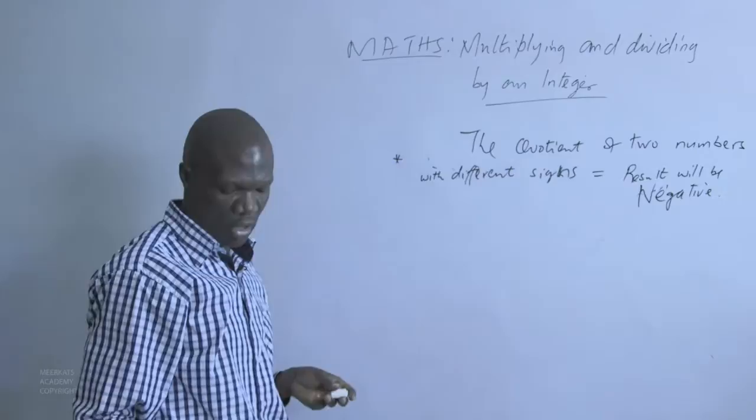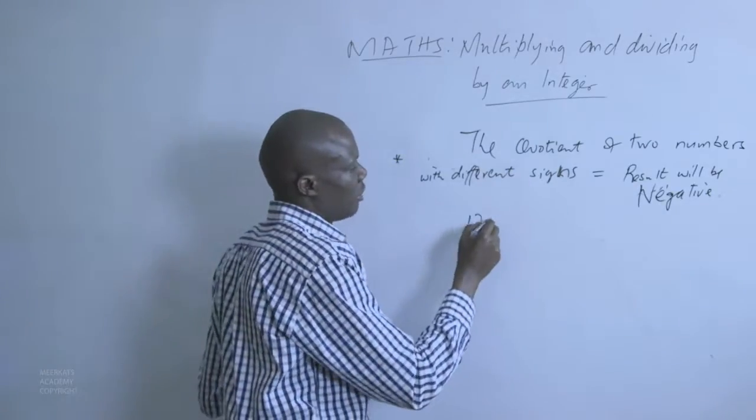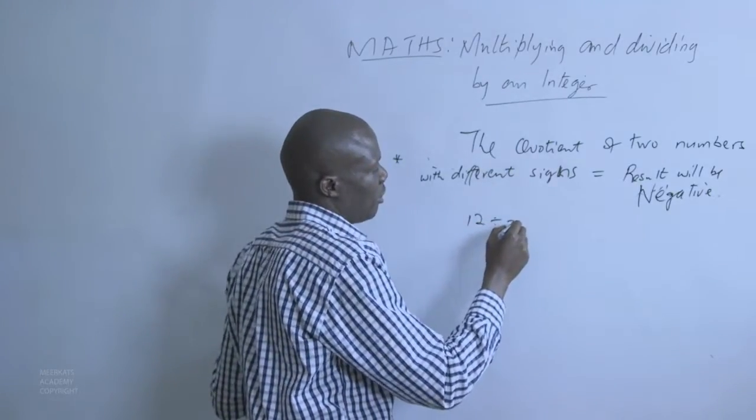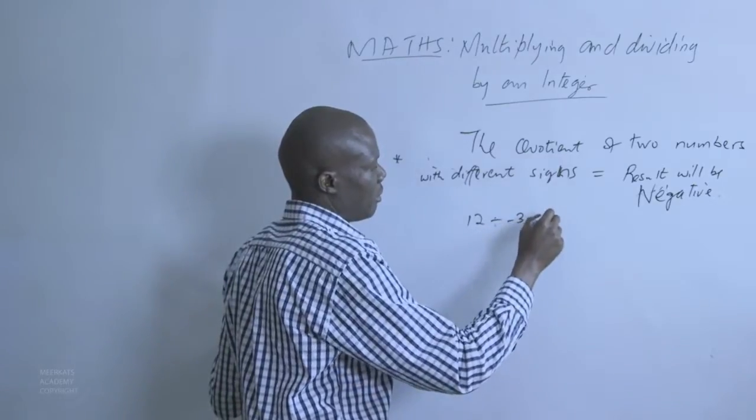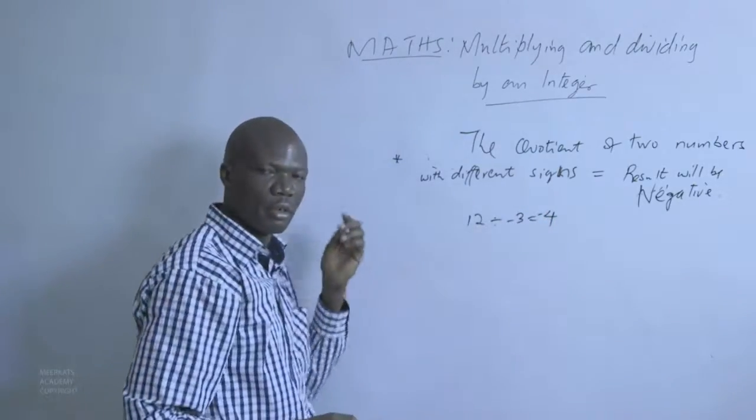A good example here, 12 divided by negative 3 is negative 4.